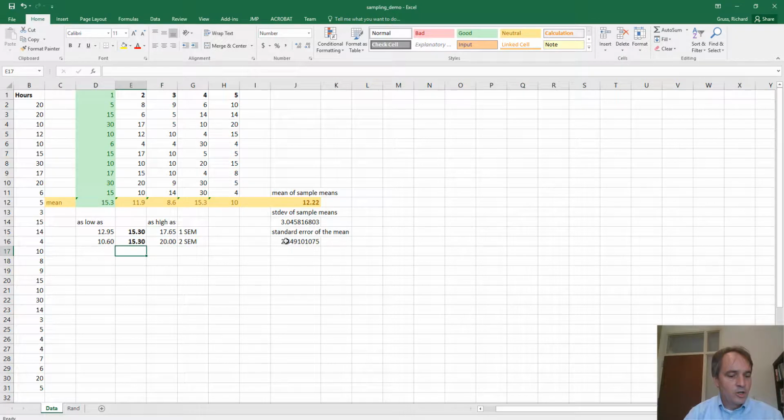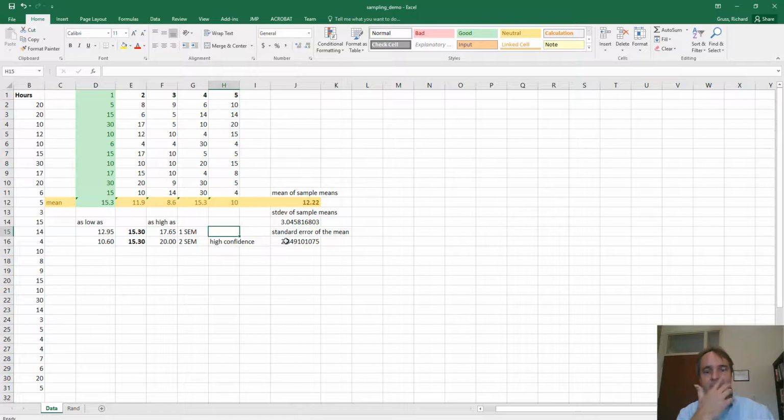Okay, so which of these should we use? Or should we use 3 standard errors, or 1.5 standard errors, or half a standard error? If we're going to make a confidence interval, how many standard errors we should go up or down is going to depend on how certain we should be. We can see that if we go out 2 standard errors, we have a range going all the way from 10 to 20. Now we could be pretty certain that that's going to contain the true population mean, because that's a pretty wide range.